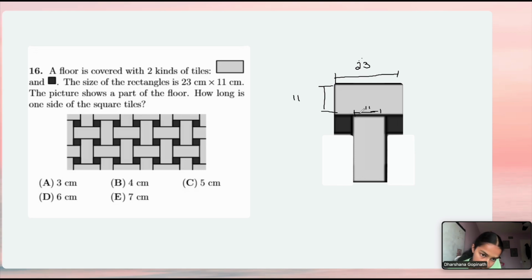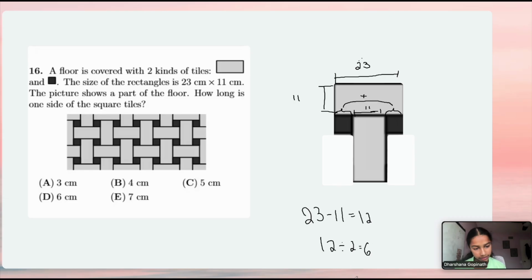So if this short side of this rectangle is 11, then that means the sides of this square tile are what's remaining to make 23. So 23 minus 11 is equal to 12. And this 12 represents both of these combined. So if we want just one square's side, we divide it by 2. 12 divided by 2 is 6.